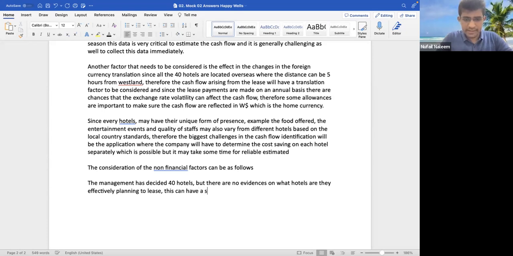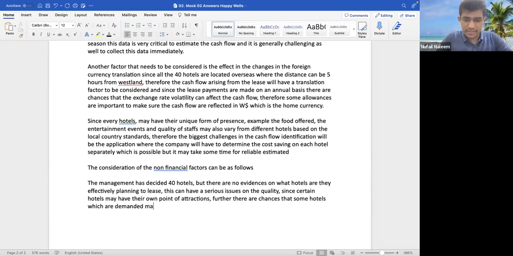This can have a serious issue on the quality, since certain hotels may have their own point of attraction. Further, there are chances that some hotels which are demanded may also be leased as well.